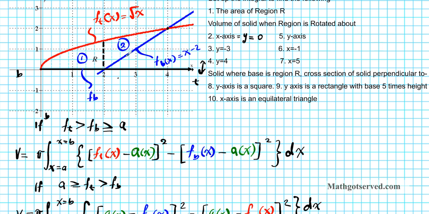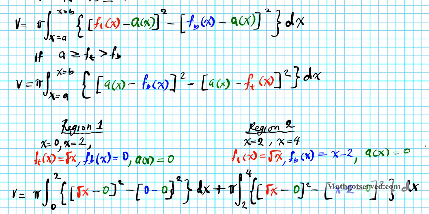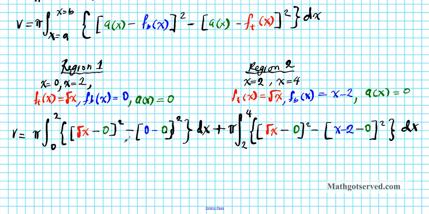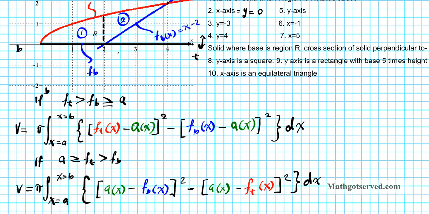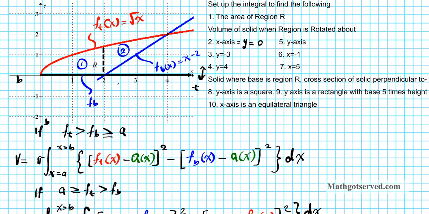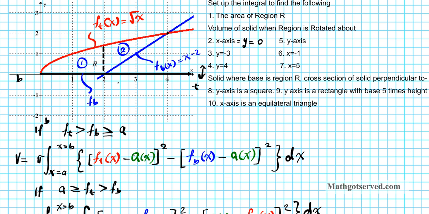And then this one, you have a big hollow region in there because you have a lower function, bottom function that's not the x-axis. So this is basically the expression to find the volume for the region when rotated about the x-axis.